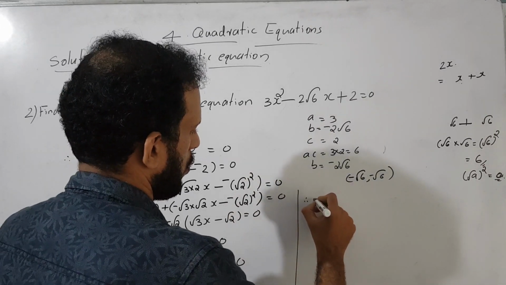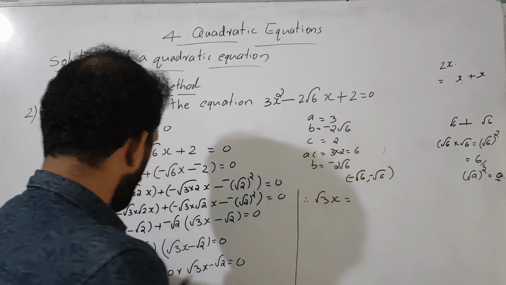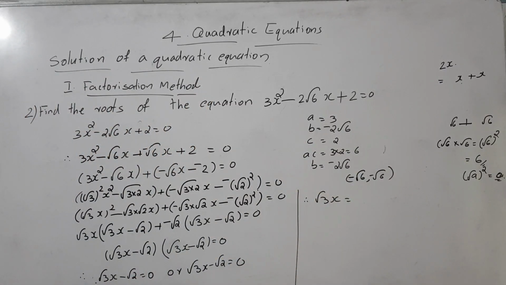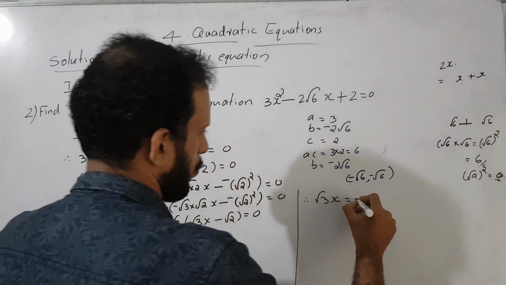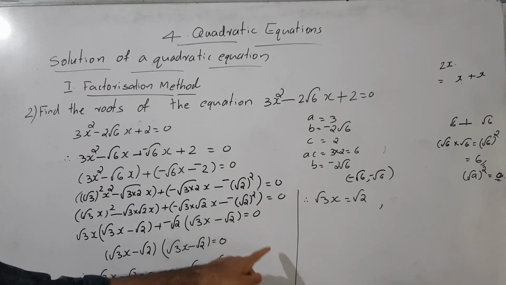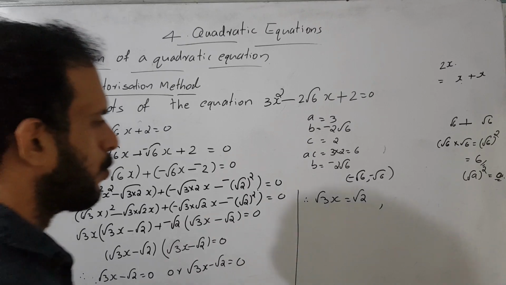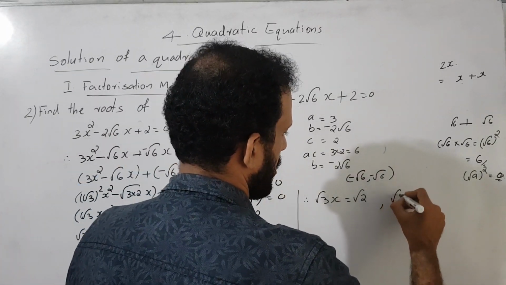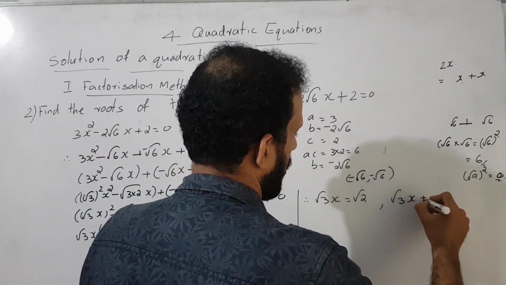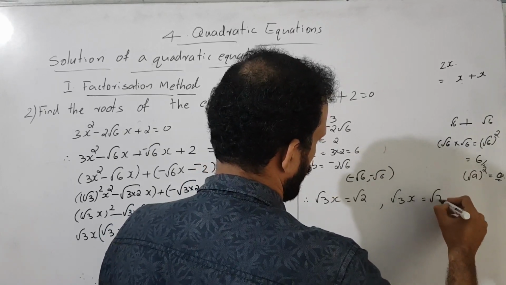Therefore √3x is equal to; we transpose minus √2 to the side of 0, then what do we get? 0 plus √2 means √2. Here also √3x is equal to; we transpose minus √2, what changes? 0 plus √2, that is √2, so √3x is equal to √2.